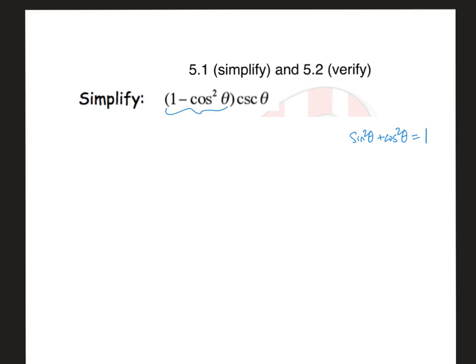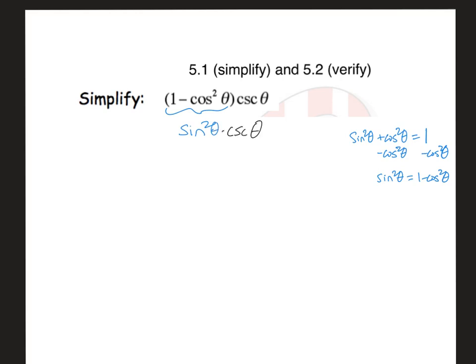If I want to have a 1 minus cosine squared, I can just subtract the cosine squared from both sides. So that means that sine squared theta is equal to 1 minus cosine squared theta. So wherever I see this 1 minus cosine squared theta, I can replace it with a sine squared theta.